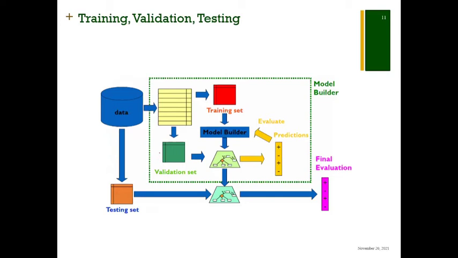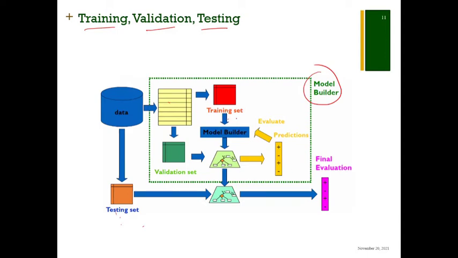In the case you want to have 3 divisions, like I said, we are still under the holdout method. You want training, validation, and testing set. That's fine. So what happens? You divide your data into 2. The big chunk, maybe 85%, goes inside here. We call it the model builder. Then the testing set is 10% outside. It's not even inside that particular area.